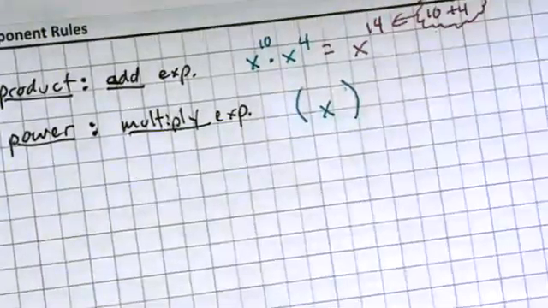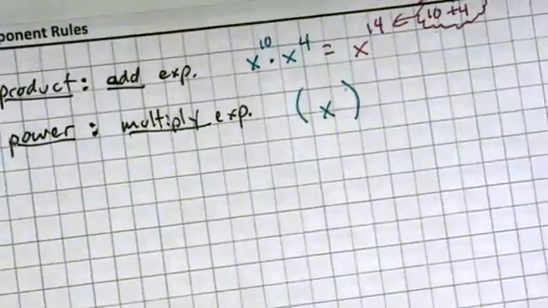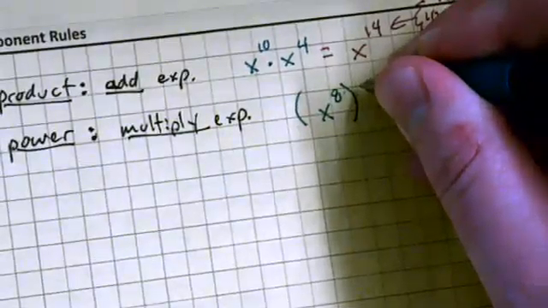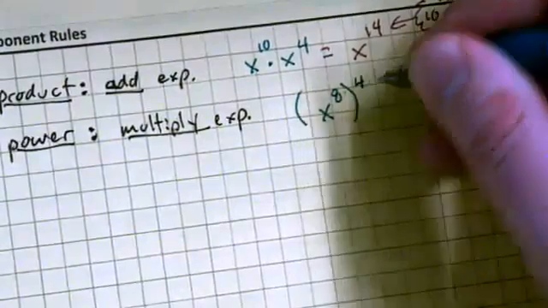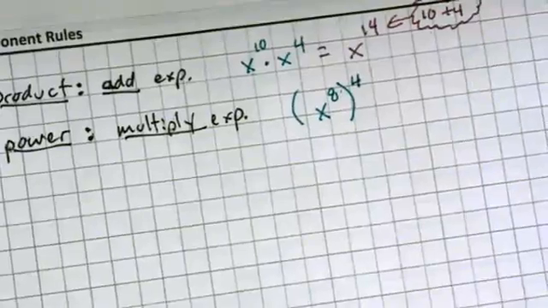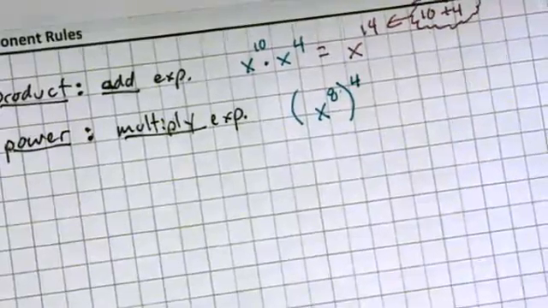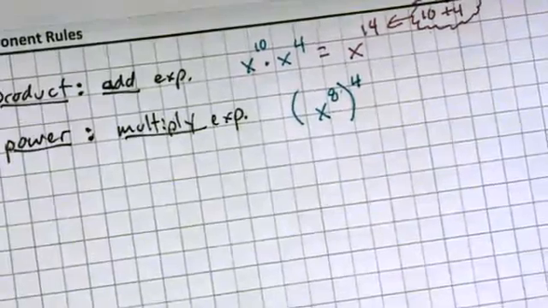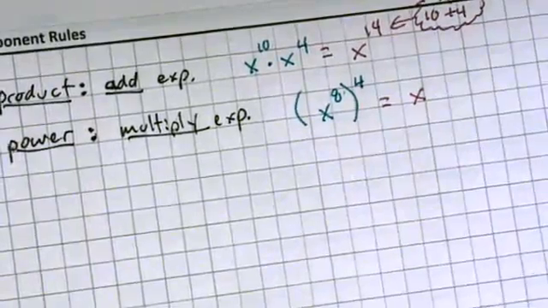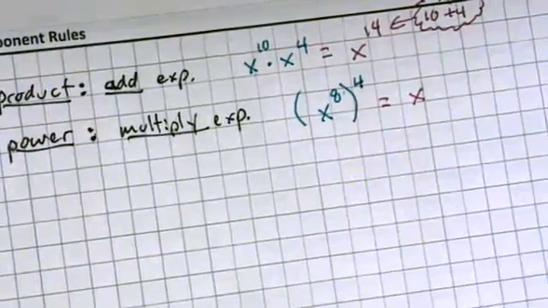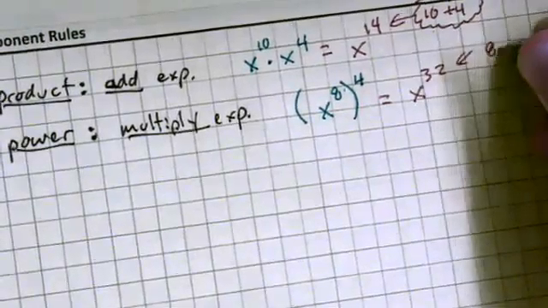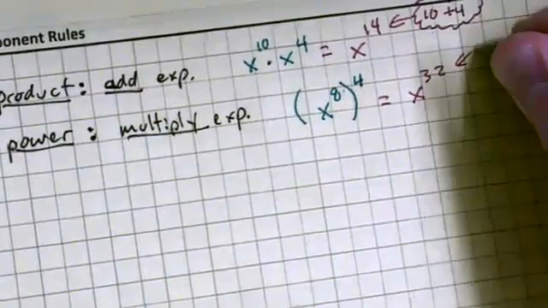Give me a couple exponents to put on inside and outside here. 8 and 4. Or did you say 24? We could do that. Let's keep it a little simple. We'll go with 8 and 4. So if I were going to work this out, I'd multiply that 8 times 4, and I would get x to the, what's 8 times 4? 32. Here's my little thought bubble. 8 times 4 equals 32. Just a reminder.